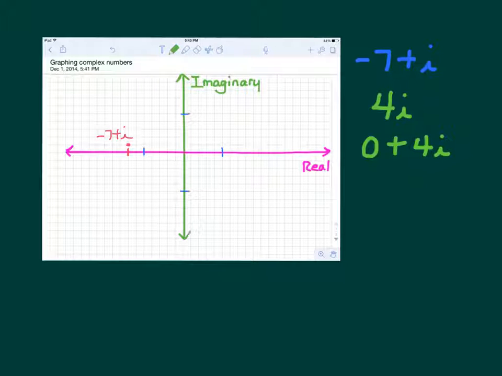So since there is no movement on the real axis, we don't go left or right, and then we go up 4 on the imaginary axis. So our dot would go up 4 on the imaginary axis. That would be where we would put 4i.